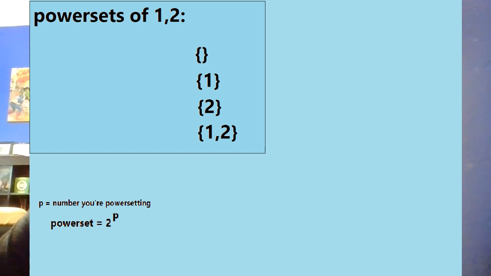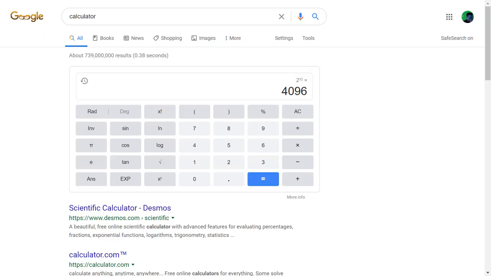You can have one number in it. You can have the other number in it. And you can have no numbers in it. 4 things. So the power set has 2 to the power of however many numbers you're power setting. Say you have 12 numbers, it's 2 to the 12th. Not going to do that right now. No, thank you.